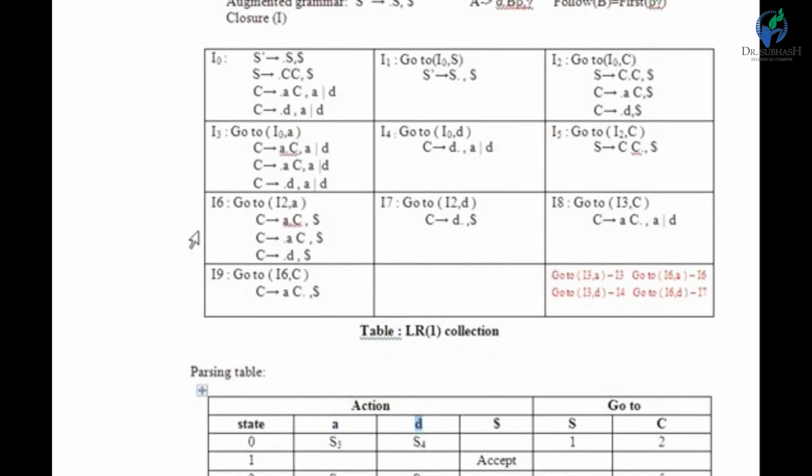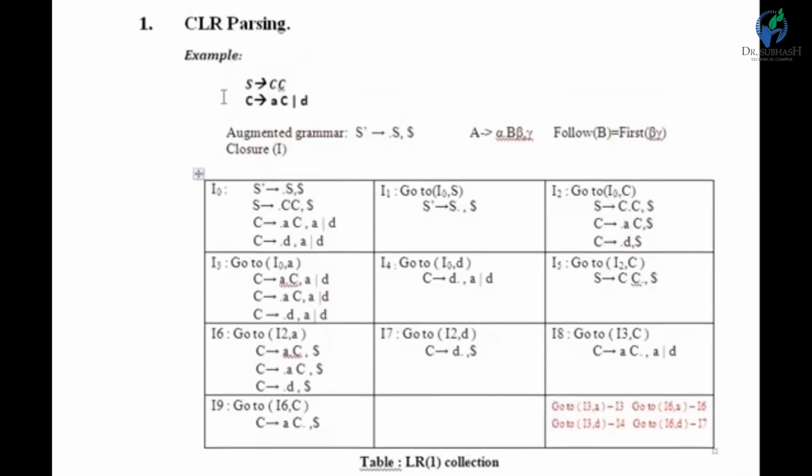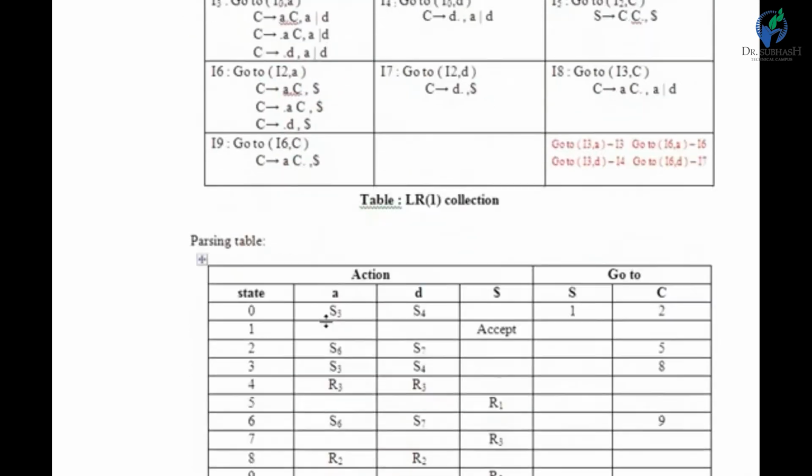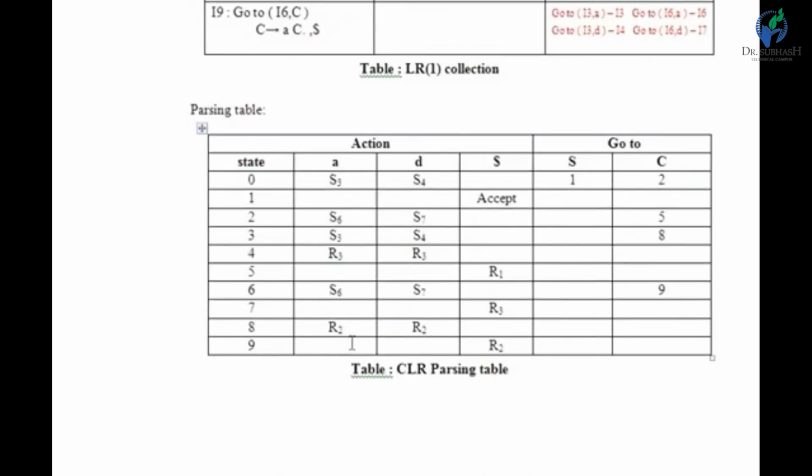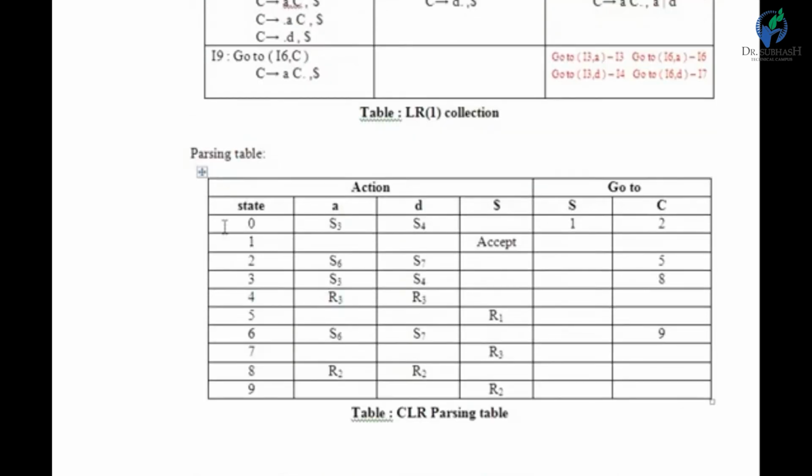Your states are 0, 1, 2, 3, 4, 5, 6, 7, 8, 9, and in GoTo you write the non-terminals, which are S and C. In this grammar you have only two non-terminals. So now write down state numbers 0 to 9.